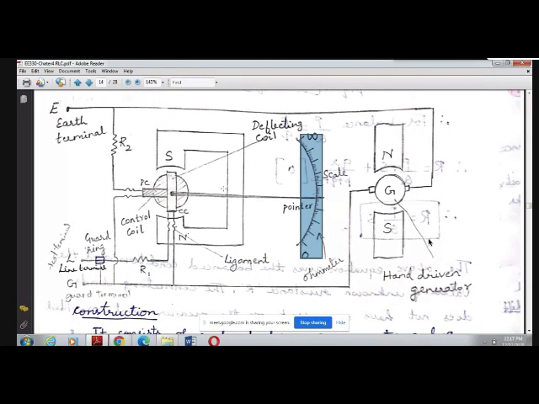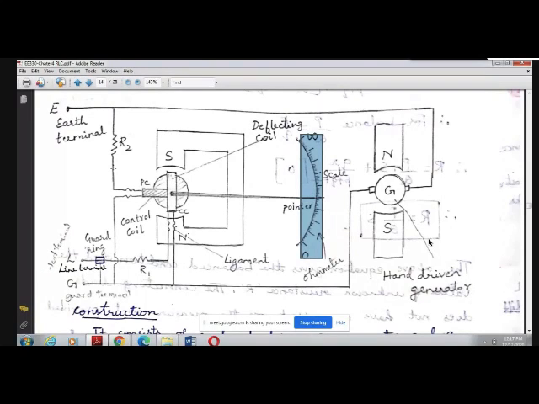The ohm meter should show you infinity, because when you start rotating this generator handle, the current will flow through this potential coil. You have kept it open circuited now. The current starts flowing through the potential coil, and there will be no current flowing through the current coil, as you have kept it open circuit.